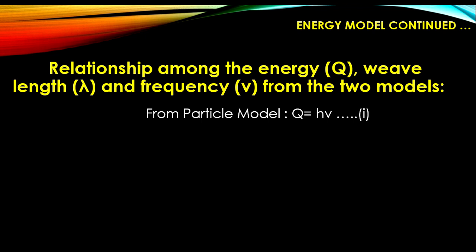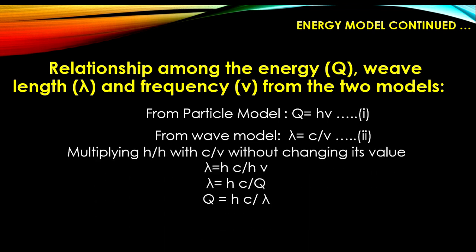From the particle model, Q = hν. From the wave model, λ = c/ν. Multiplying by h in numerator and denominator without changing its value, λ = hc/hν. So λ = hc/Q, because from equation 1, Q = hν.